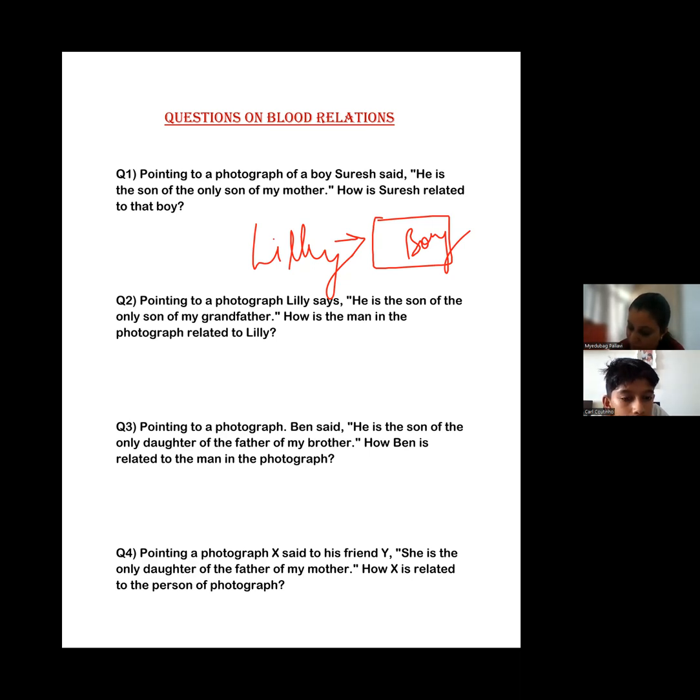The boy in the photograph is Lily's brother. Yes, that's correct. Very nice. So you have got it how to solve it. The man in the photograph will be the brother of Lily. Let's see the third one.